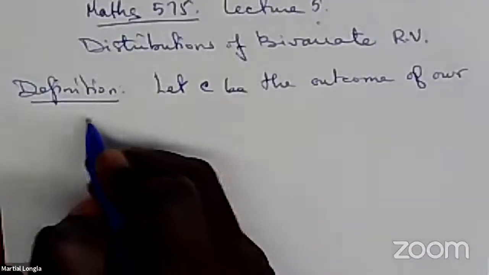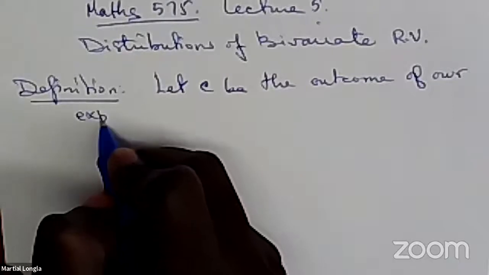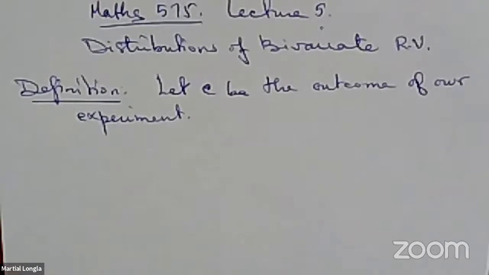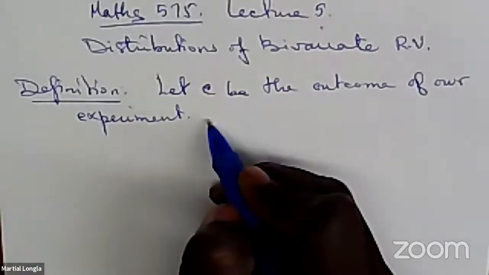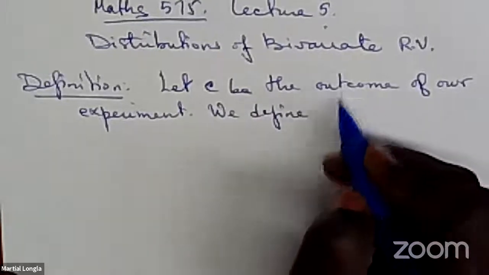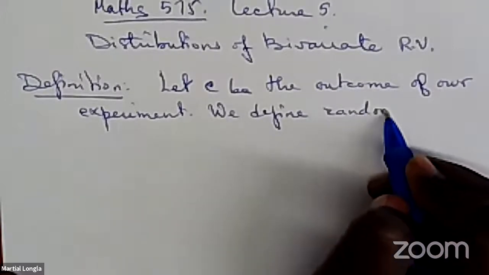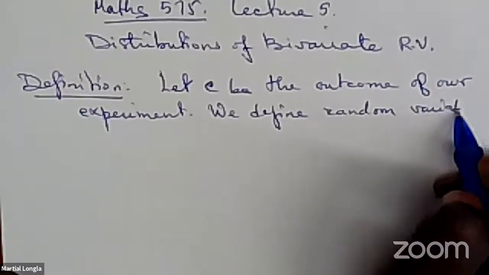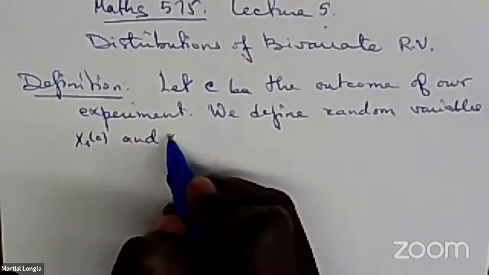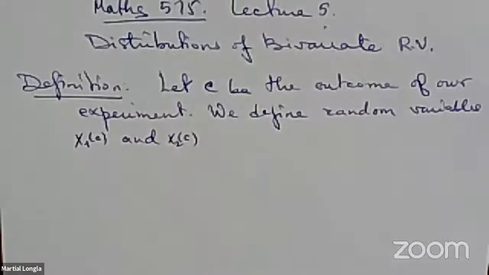Remember that everything that we do in this class is based on the outcomes of an experiment that we have, right? X1 of C, X2 of C. Now we know what a random variable is. It's a function that is defined on the outcomes of a random experiment as defined earlier.